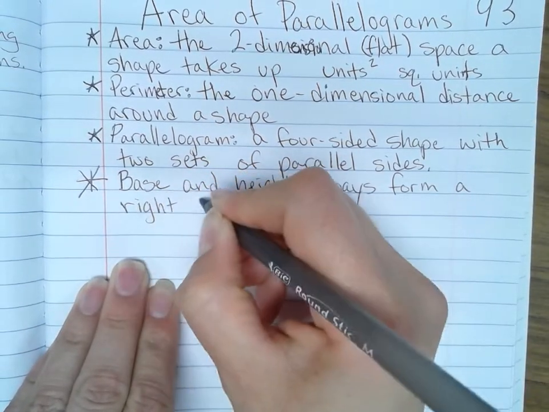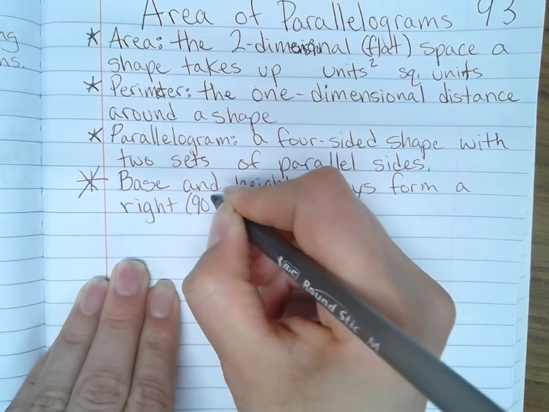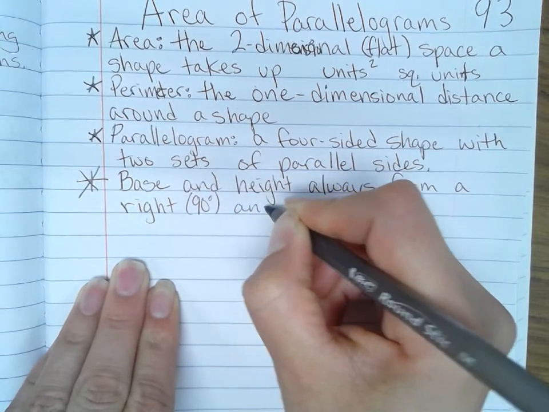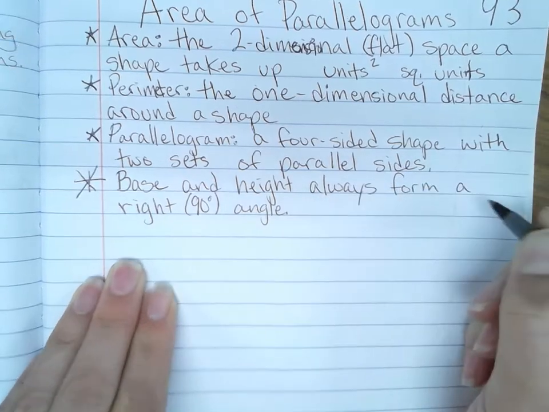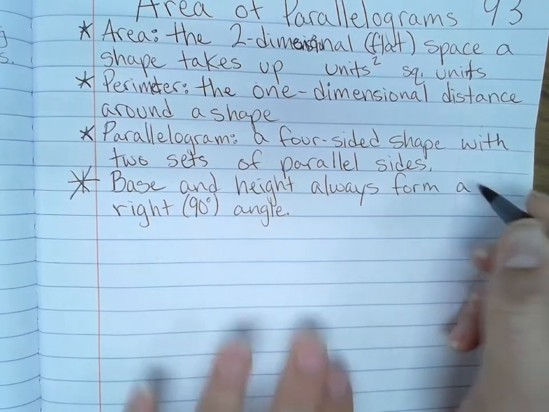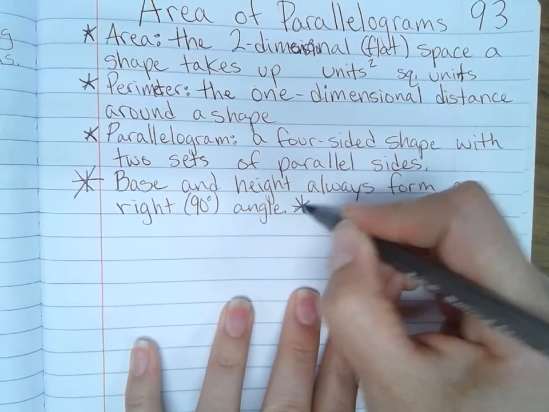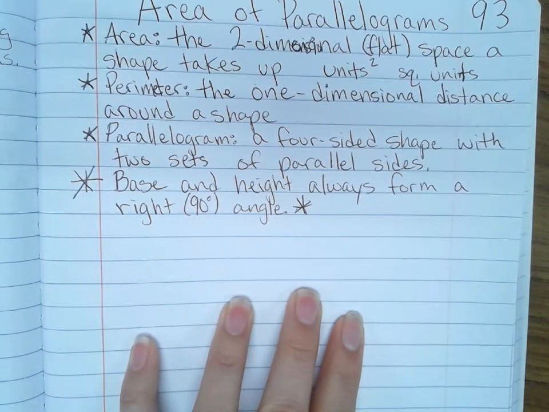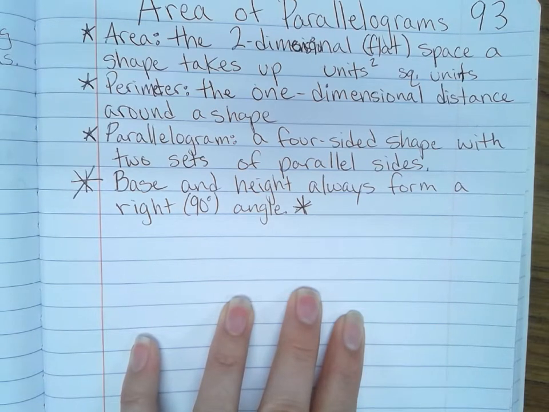Okay, right angle is the same as 90 degrees. Okay, that's important to know because sometimes you'll be given many pieces of information and depending on what you're looking for, you want to just be able to identify the base and the height.